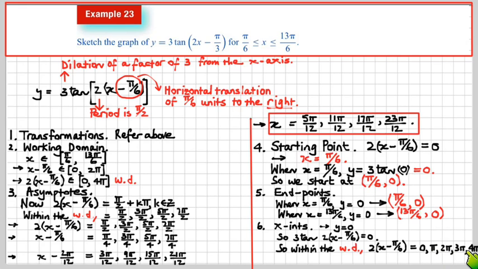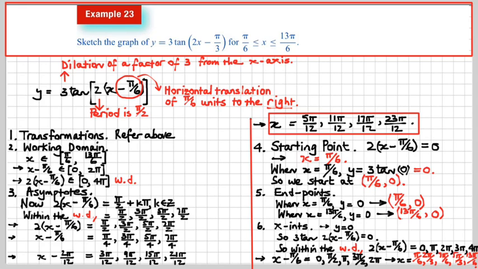Now we're going to solve it for x, guys. Therefore, you get that, and therefore you get that. And there they are. They are our x-intercepts: pi on 6, 2 pi on 3, 7 pi on 6, and 13 pi on 6.